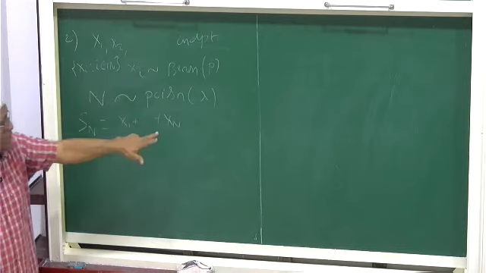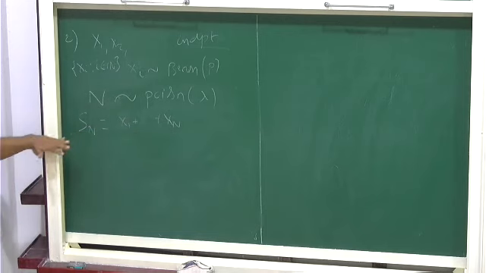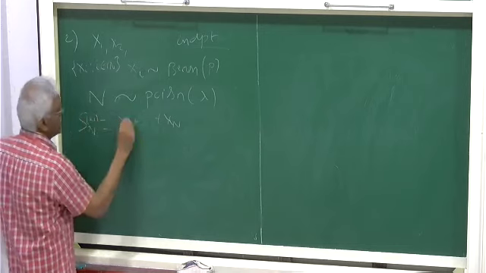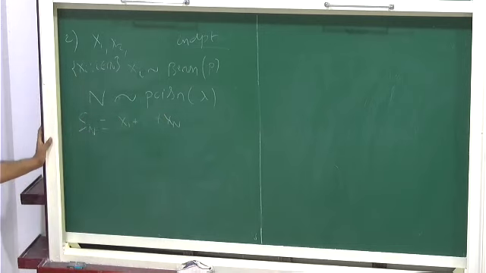For each omega, you have n of omega, so you sum that many random variables for each omega, and you get a single Sn. If you want, you can write Sn of omega, but we don't do all that; we just define it like this because we don't need it.